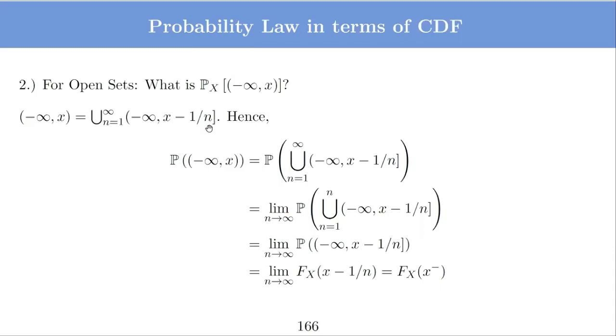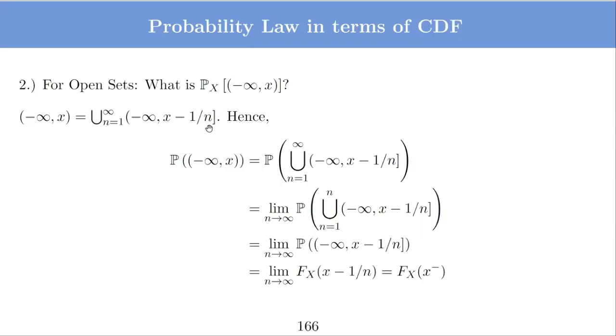Let's say n equals 10, then this will be minus infinity to x minus 0.1. And if you make n equal to 100, this will be minus infinity to x minus 0.01. So there are some more elements from 0.1 to 0.01 which are added. Every time you take these unions, as you increase n, your set will increase. So you can see that by making n arbitrarily large, you can make the upper limit of these intervals very close to x. Right.